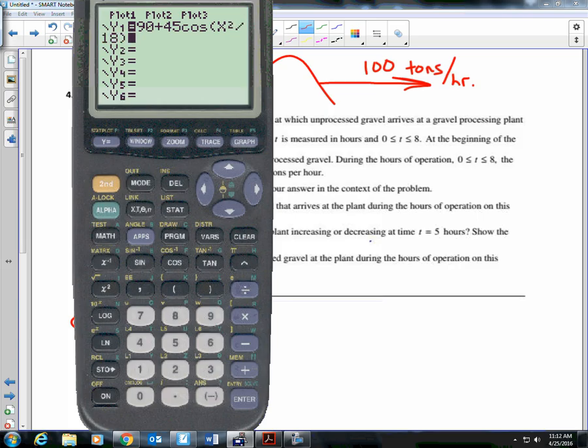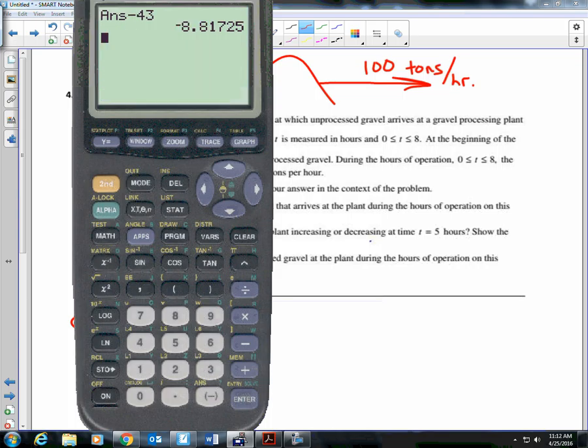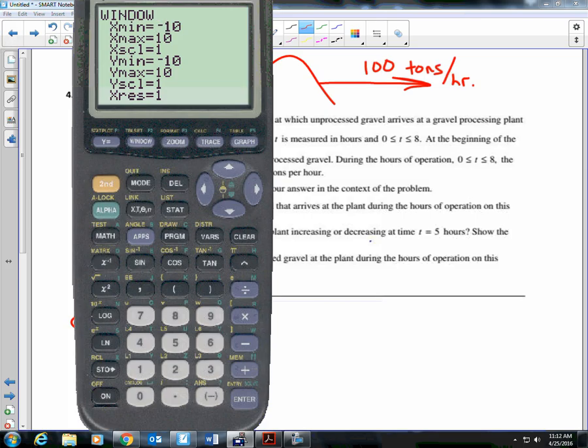Okay. Mode, make sure that I'm working in radians, not degrees. And also, as I consider this window, will 0 to 10, or negative 10 to 10 for x values, allow me to see what I want to see? We want to go from 0 to 8, so negative 10 to 10 will be fine. But how about the y values?